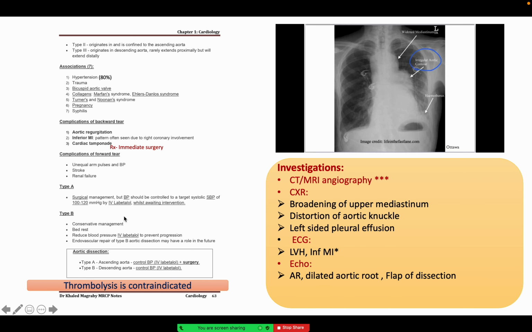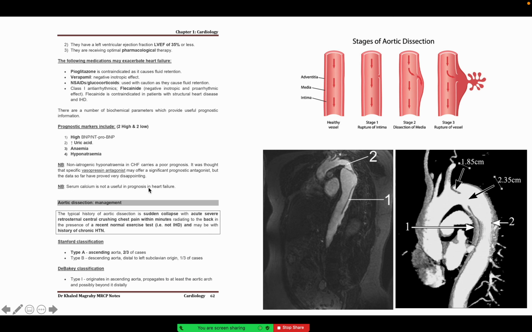So in aortic dissection, how will the patient present to our hospital? Usually the patient may feel very severe retrosternal chest pain, crushing chest pain, and it will happen within a few minutes, and this pain may radiate to the back, and the patient may also come with collapse.